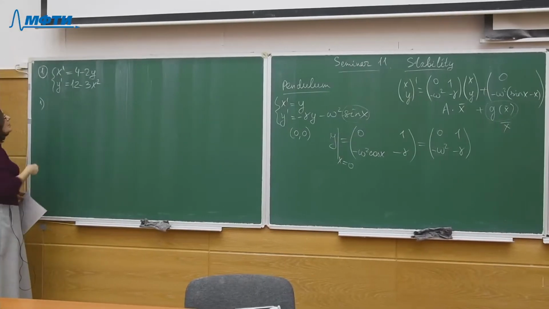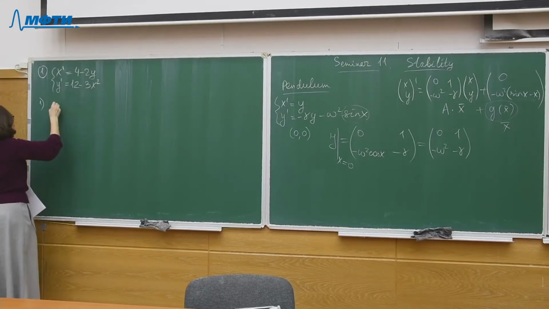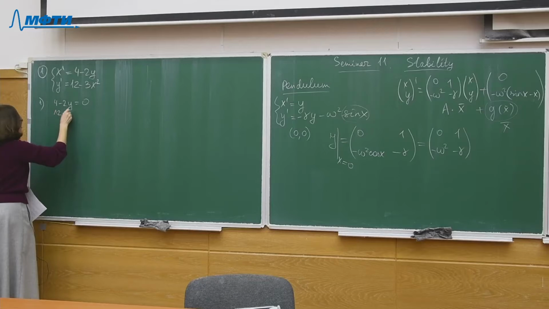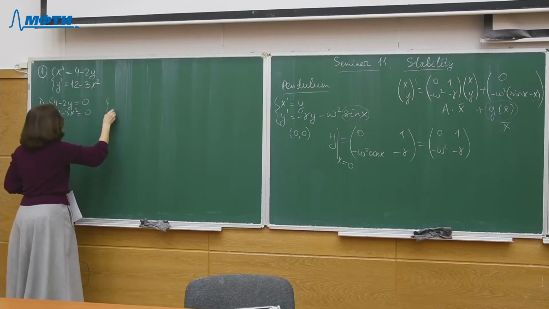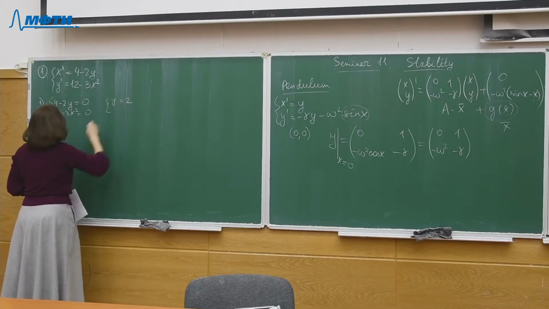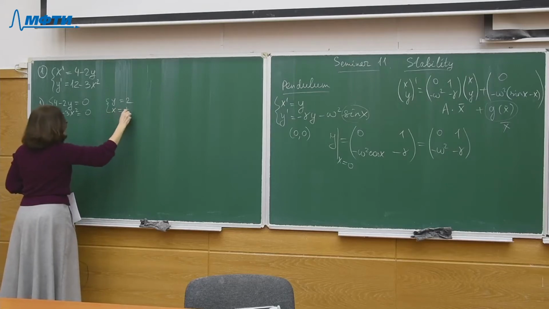Step number 1 is to find critical points, the equilibria. To do this, we should solve this system of simultaneous equations, from which we have y equals 2 and x is plus or minus 2.